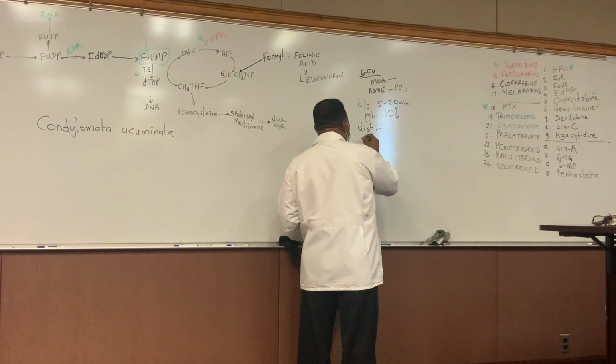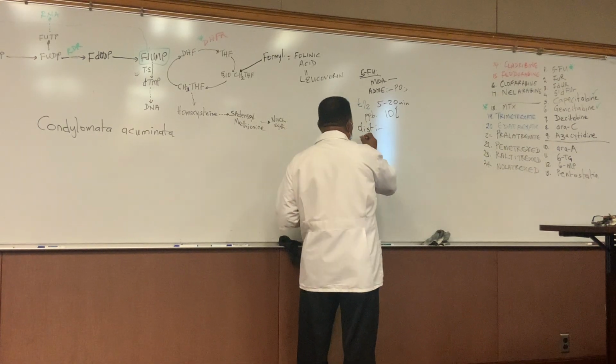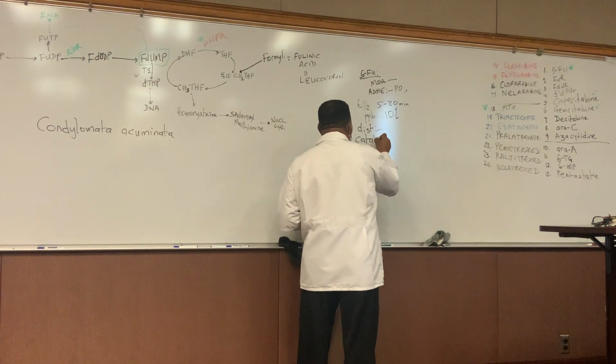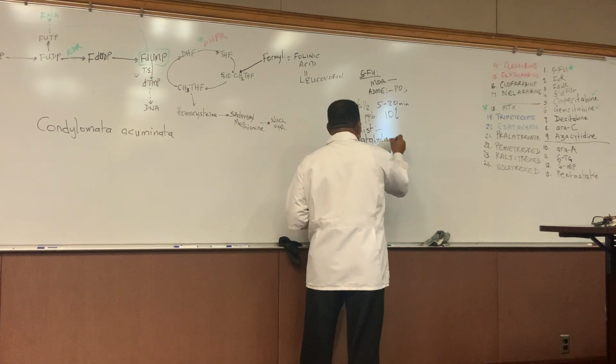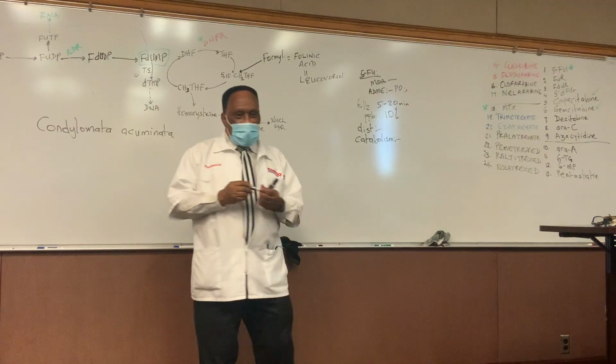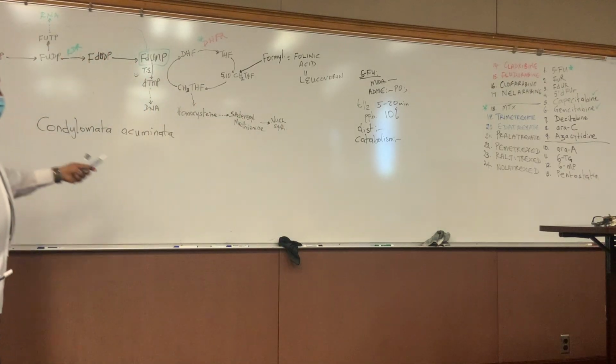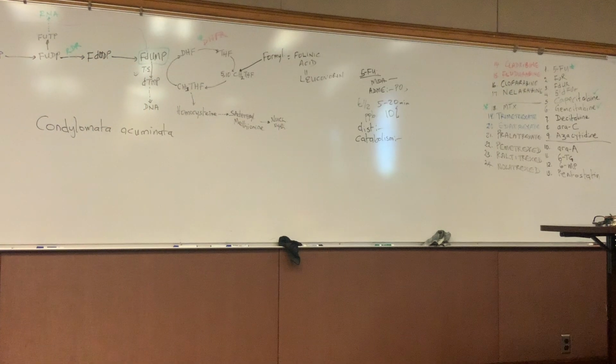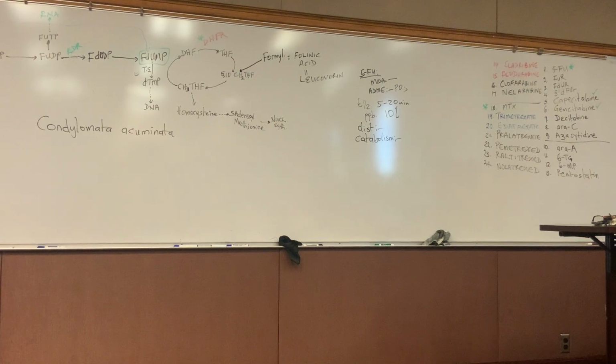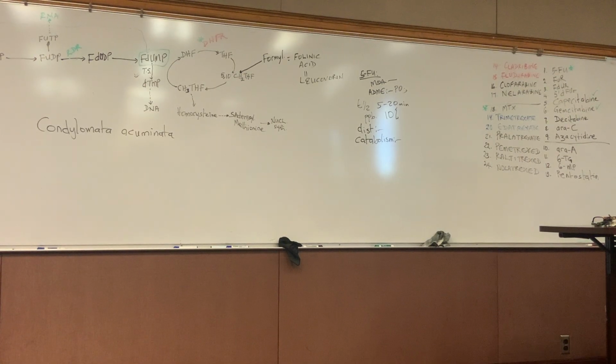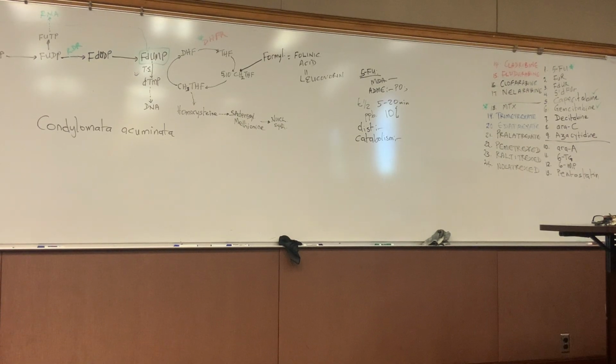If we look at, I wouldn't say metabolism, I would say catabolism. If you look at the catabolism of 5-FU, this is the way it goes. The catabolism occurs in the liver, but the anabolism, that is the activation of 5-FU, is inside the cancer cell. Okay. So catabolism going this way, that occurs in the liver.